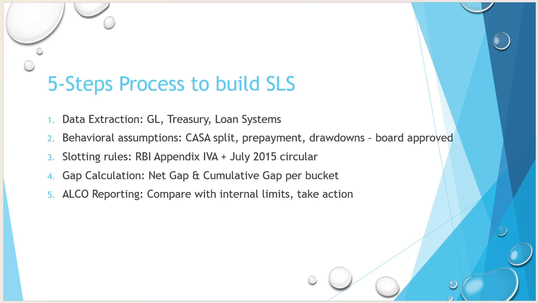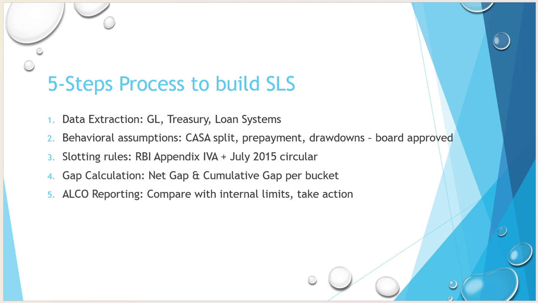That is what we analyze. Finally we do the ALCO reporting, compare with internal limits and take actions. What are the limits we have? What are the RBI limits provided? And accordingly, we will take actions within the structural liquidity framework.